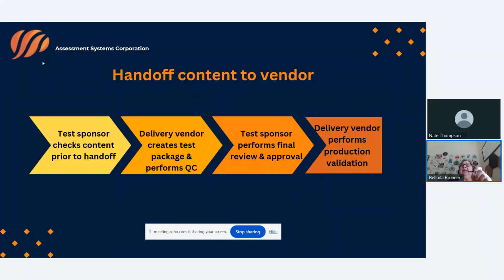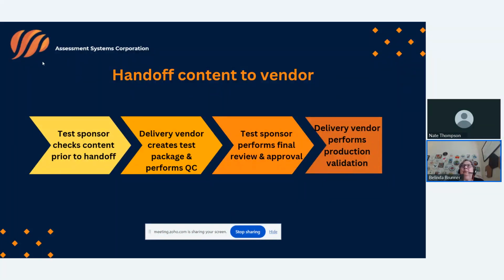That may mean a character by character check against the source document, or it could mean a first and last character check. It just really depends upon what the test sponsor and the test vendor have agreed that process should look like.